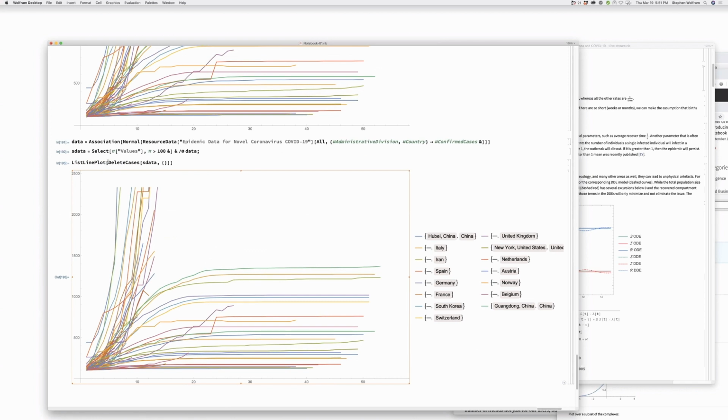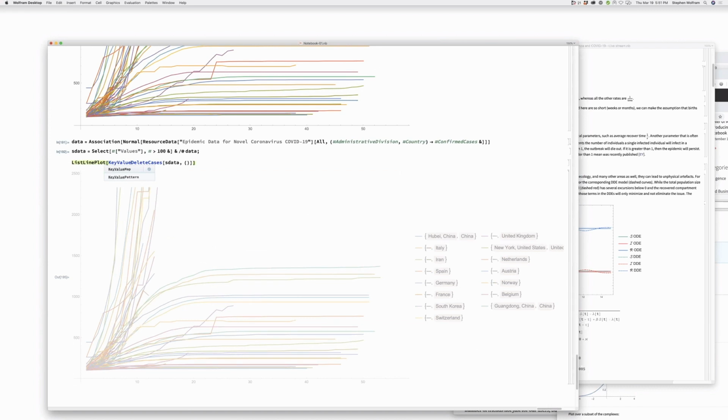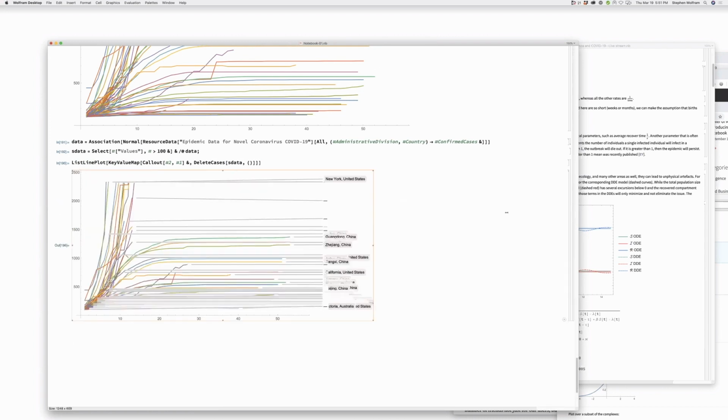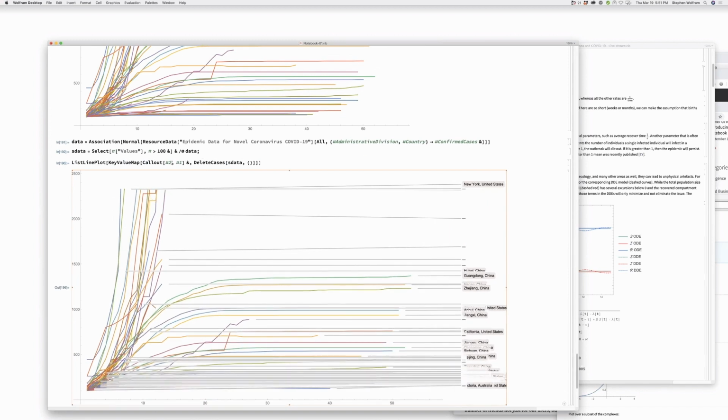Yeah. Okay. So what are you suggesting? Key value map of, say, callout of #2, #1. Although tooltips might be the thing to do. I'm not sure. I think tooltips are the story. Yeah.